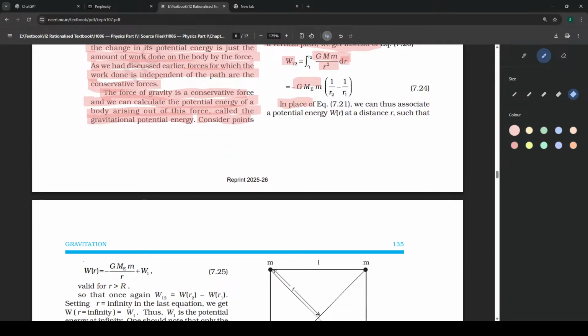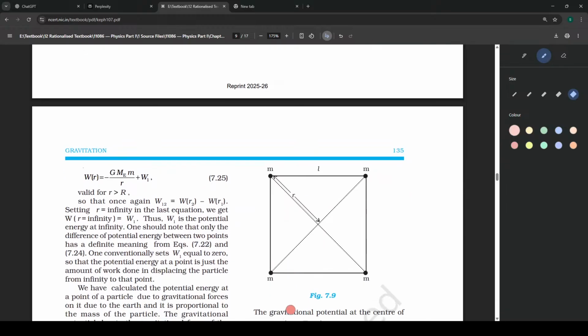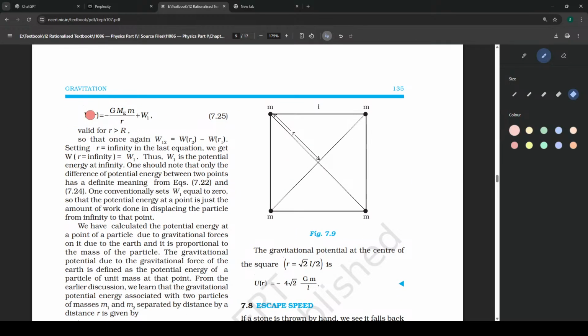In place of equation 7.21, we can thus associate a potential energy W_r at a distance r such that W_r equals minus G me m by r plus W1, valid for r greater than the radius of the earth. So once again, W12 equals W_r2 minus W_r1.